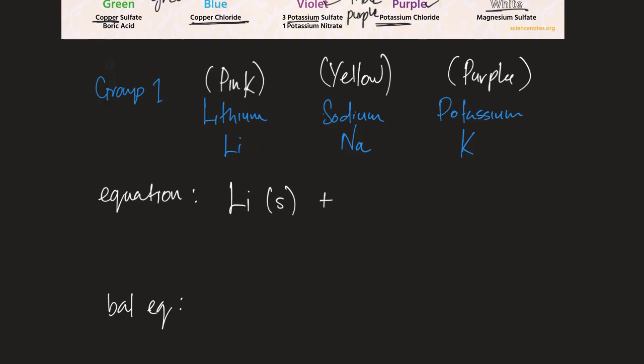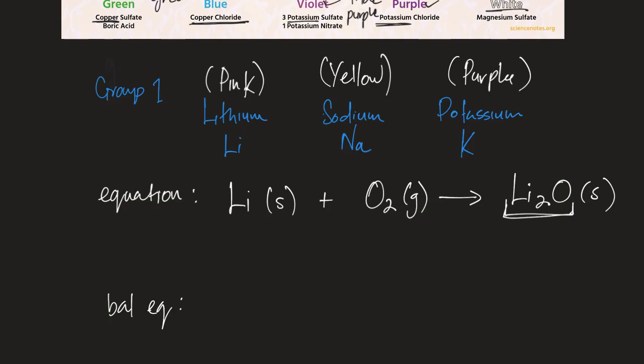Lithium plus oxygen, O2, is always going to give you Li2O. And that's a gas, and this is a solid. Now this formula here, we will give you. You don't have to write it down. We will give you that formula. But there are patterns, and we learn the pattern for this one.